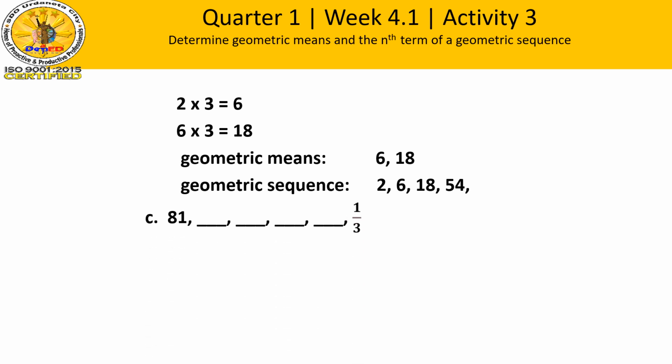Next, letter C. You have 4 missing terms. And the given here are the first term, which is 81. Your n is 6 because there are two given terms, 81 and 1/3, and 4 missing terms.